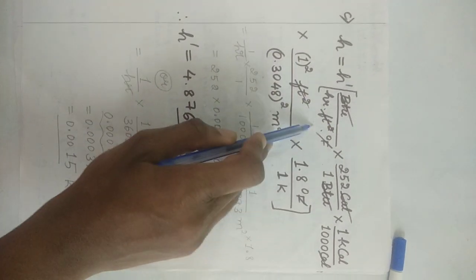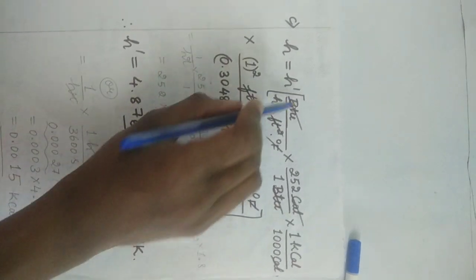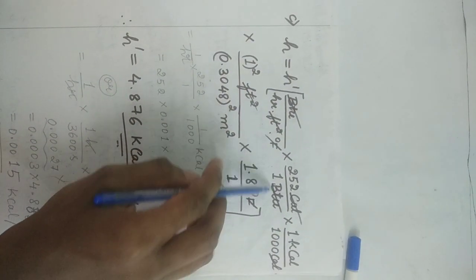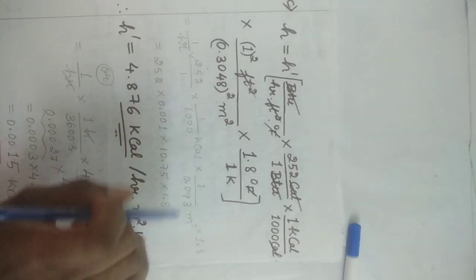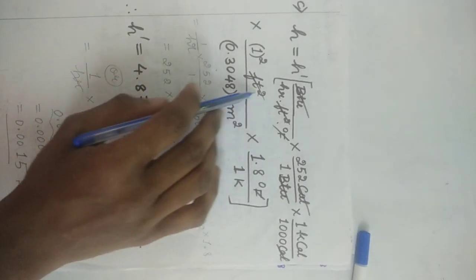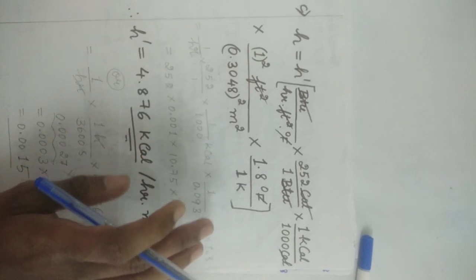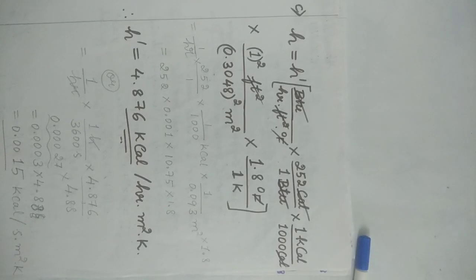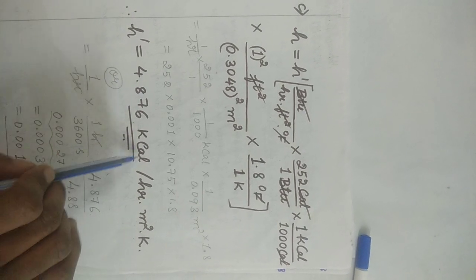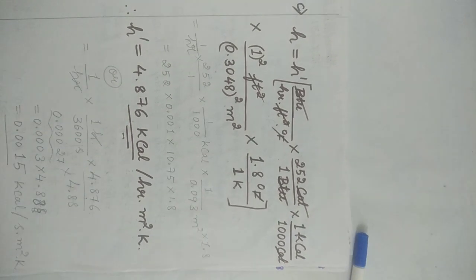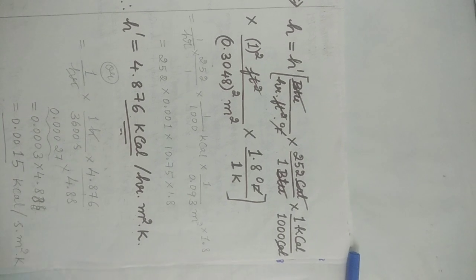We need to cancel, so look at the units which have to be cancelled. You directly write that in the denominator which needs to be cancelled first. Then you will get the answer like this. Finally we are getting H dash is 4.876 kilocalorie per hour meter square Kelvin.